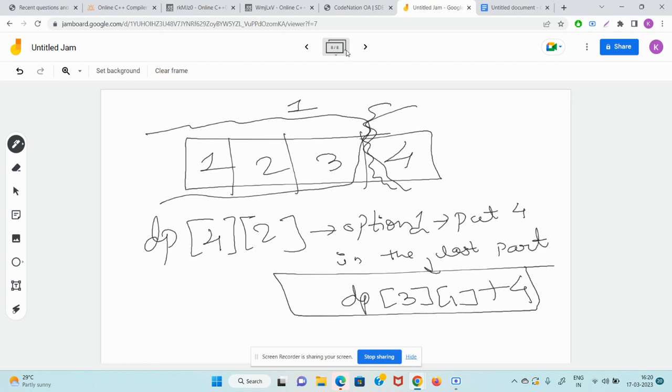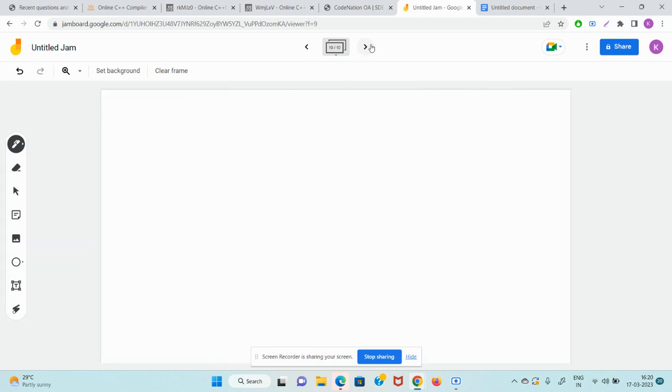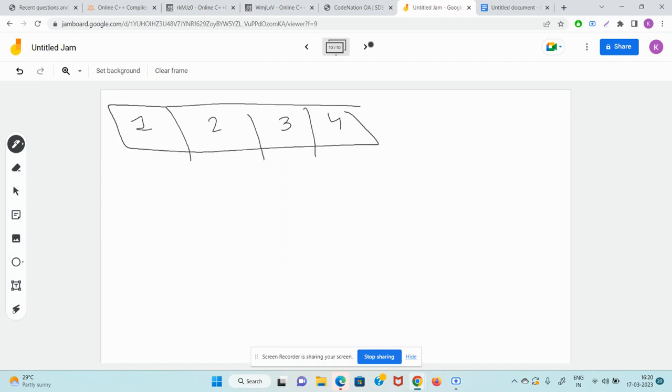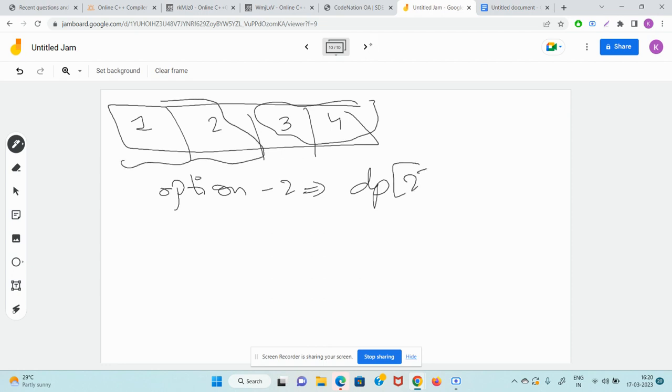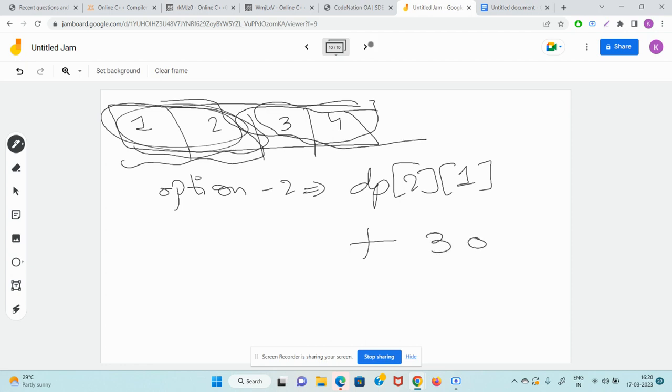What would be option number 2? You can take these two numbers in the last part. So option 2 is dp of 2 of 1, dividing this much in one part only, plus taking the last two elements in the last part, which is 3 or 4.